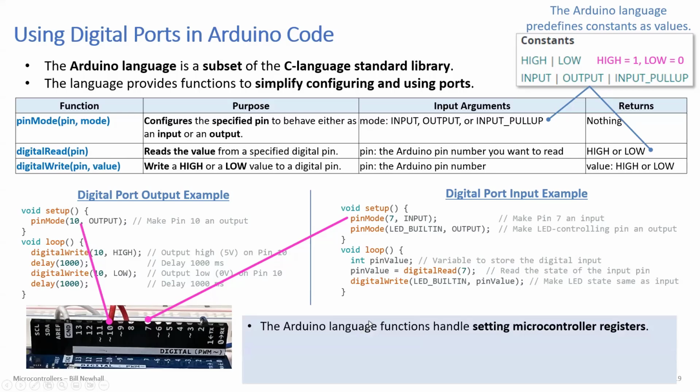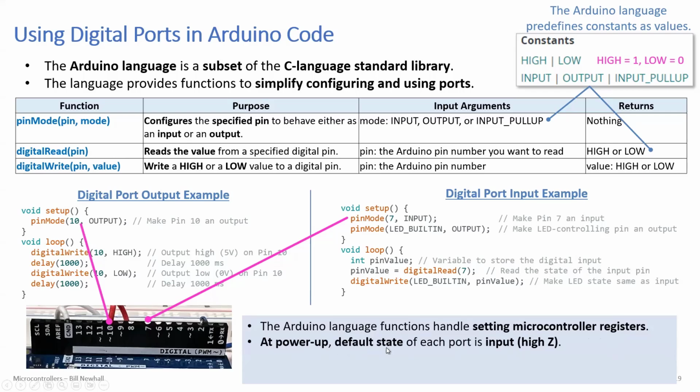So the Arduino language functions handle setting those microcontroller registers. You can go in and set those registers manually. There are pound defines for the register locations, and you can change those bits at a low level, but you can also use these functions.